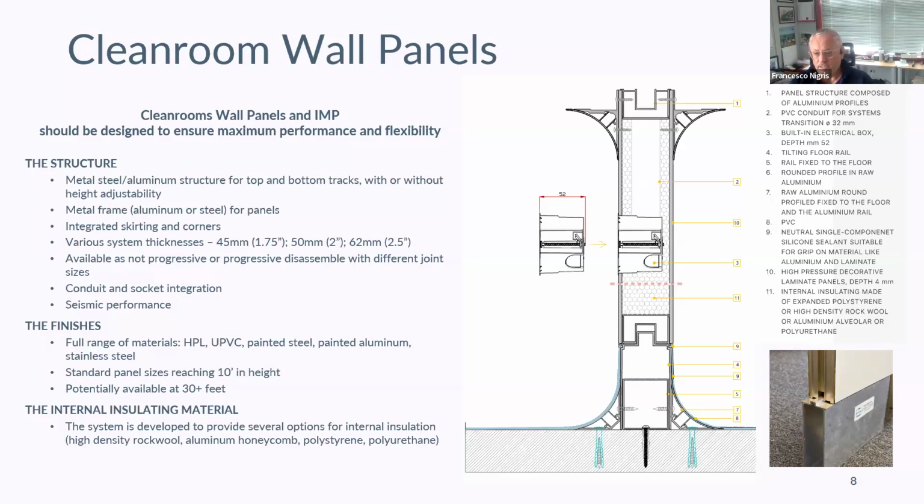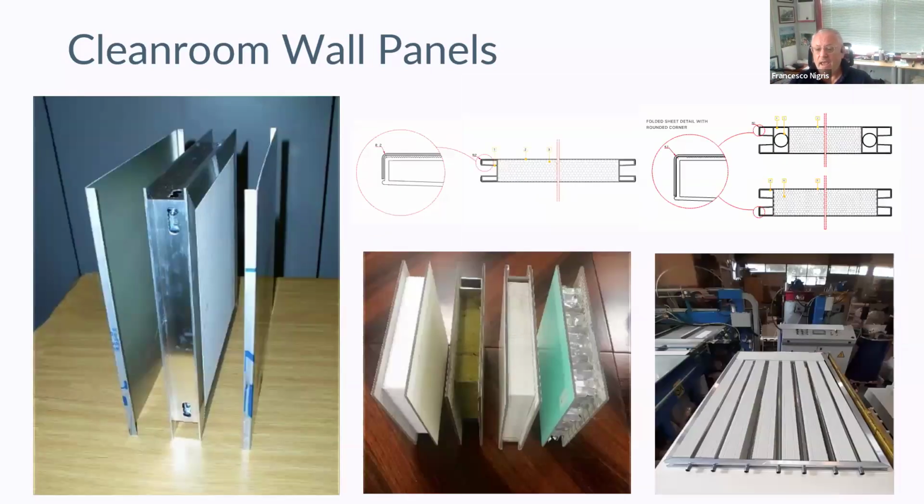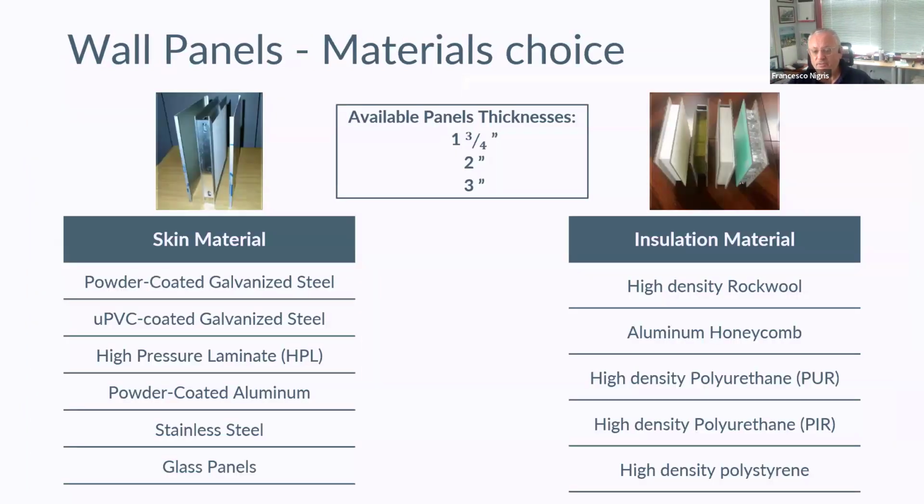There are alternatives. A modular panel is usually built from a skin, an insulation, and a supporting material. For all these materials, we have alternatives. We may have different solutions for skins, different solutions for insulation material, and sometimes even for the structure itself.